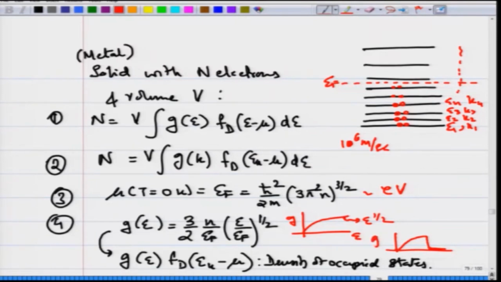These are the concepts which govern the quantum mechanical behavior of electrons inside a solid.